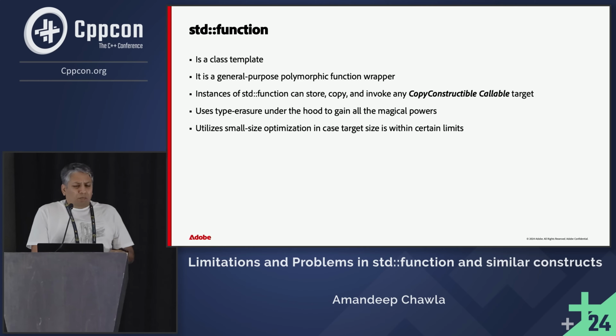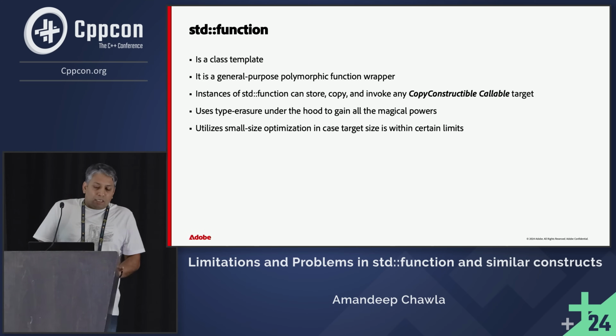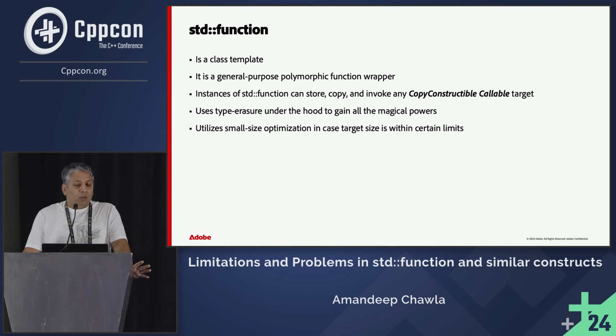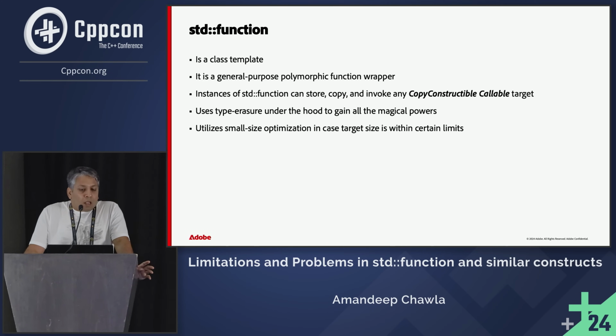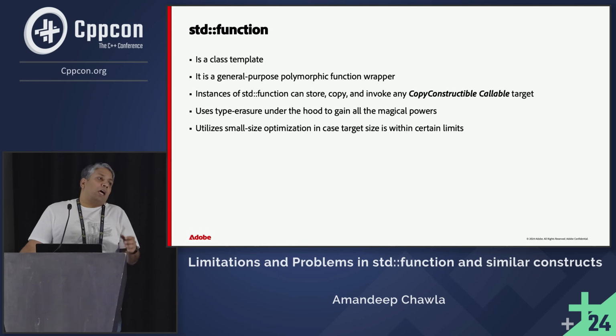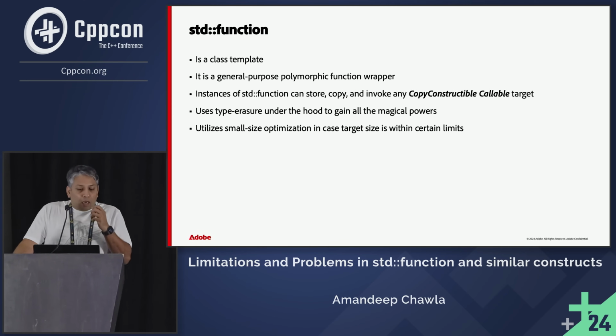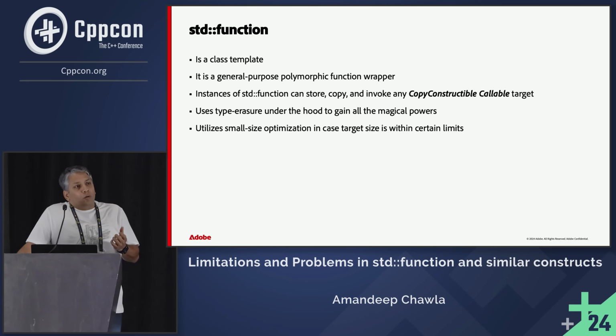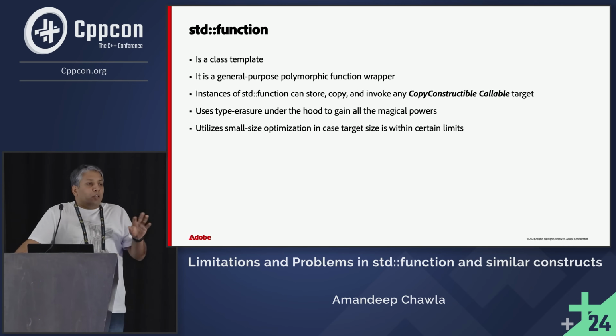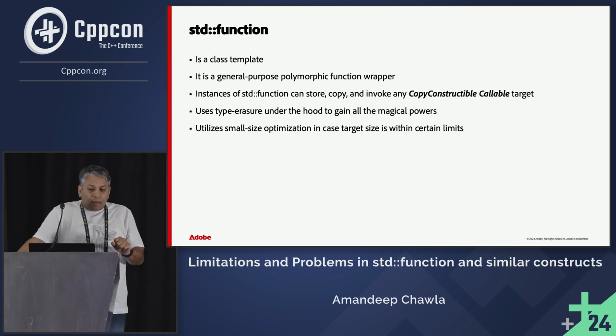Okay, so a little bit about std::function. It's a class template and it's a general purpose polymorphic function wrapper. Instances of std::function can store, copy, and invoke any copy-constructible callable target. By callable, I mean where I can use the call operator on it. Under the hood, it uses type erasure to gain all the magical powers which it has.